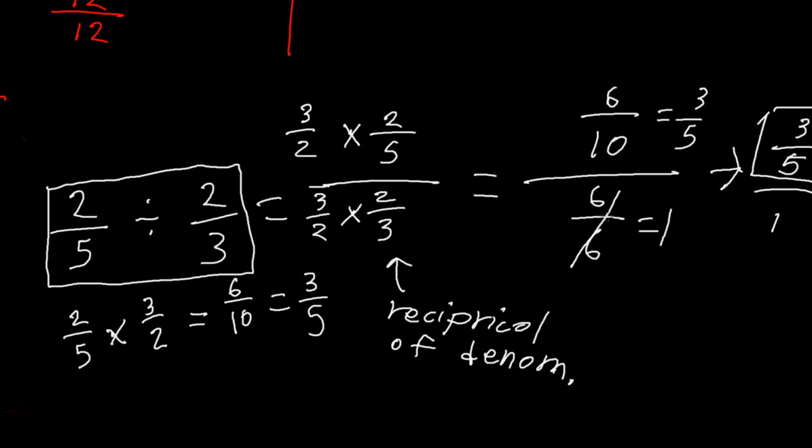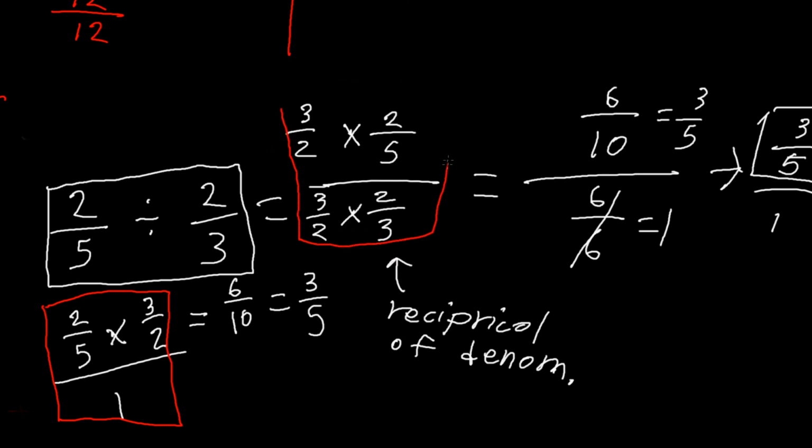And we see that really we could have just put a 1 down here, and it would be the same as this expression. See, this 3 over 2 corresponds with this 3 over 2, this 2/5 corresponds with this 2/5, and the denominator equates to 1.